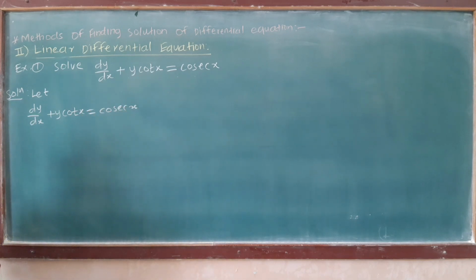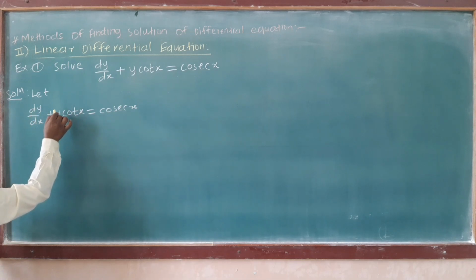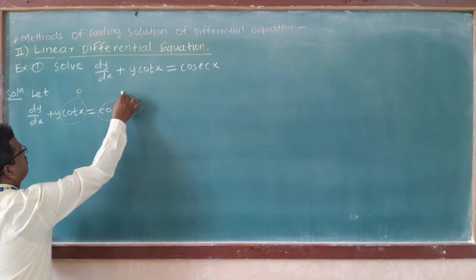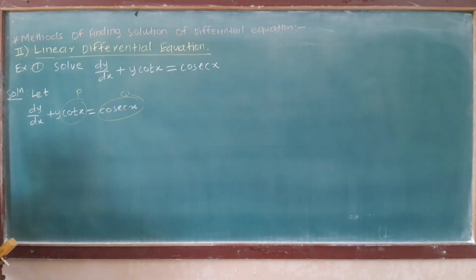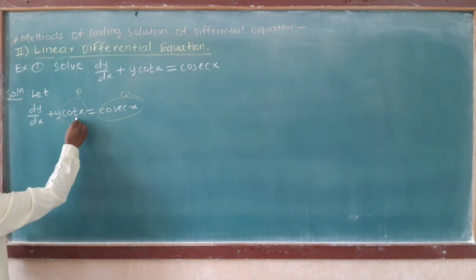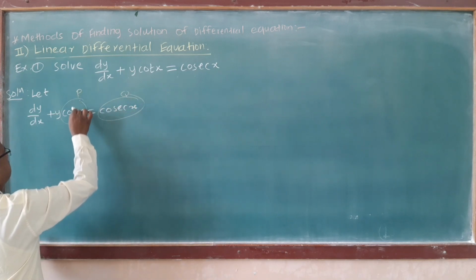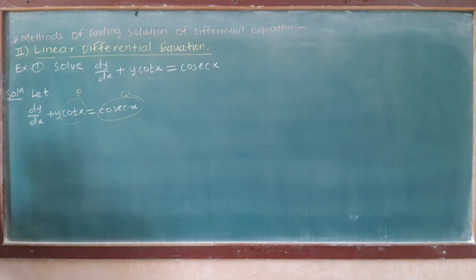Now this is in the form dy by dx plus p y, and call this as q. So this is a linear differential equation. P is a function of x only, q is a function of x only. So therefore simply compare this.